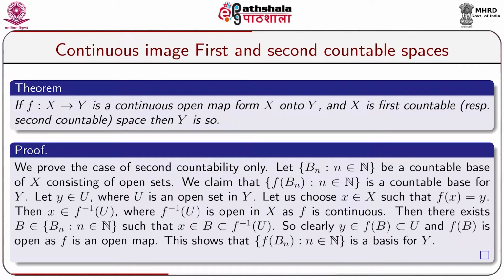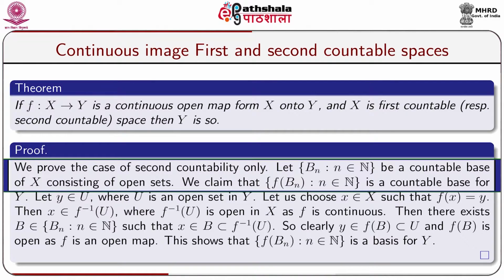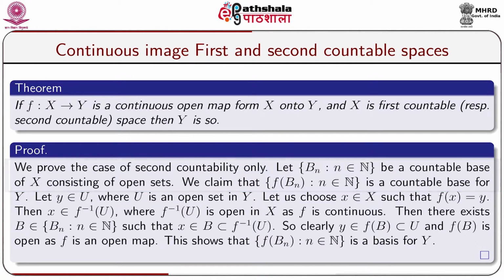Proof: we prove the case of second countability only; the first countability case will be the same. Let Bn, n belonging to N, be a countable basis of capital X consisting of open sets. What we have to show is that f of Bn is a countable base of capital Y. Since f is an open mapping, the f of Bn's are all open sets.